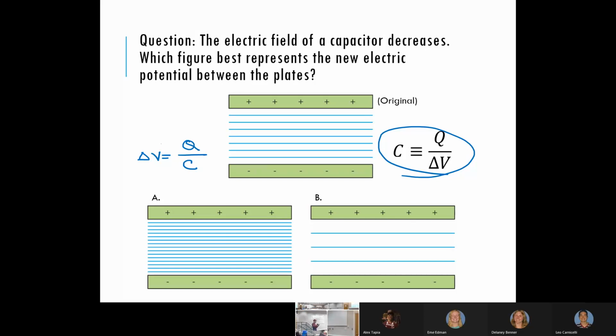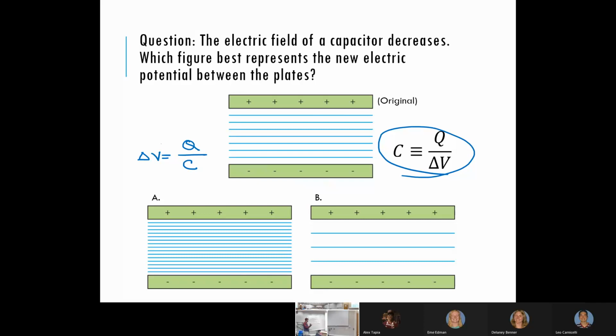I said it will only depend on the area and the plate separation, for example. Geometric quantities, the physical shape of the object. But that doesn't look like it here. If I say Q over delta V, the deposited charge divided by the change in potential between the plates, that doesn't look like it has anything to do with how the object is shaped.